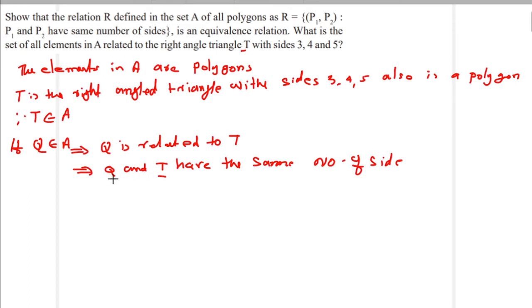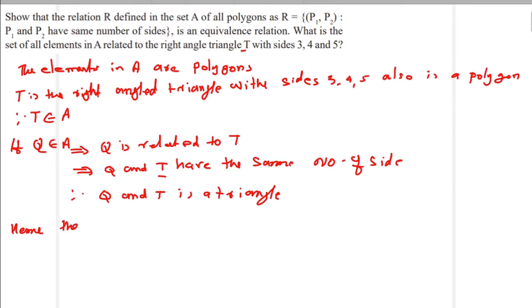Therefore Q is also a triangle. This triangle is not only the right triangle, but any triangle.